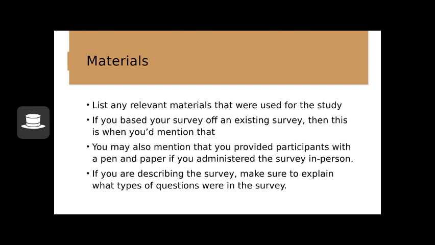So talk about that, right? How many questions are on the survey? Where did you get those questions from? If you are basing it off of an existing survey, that would be a good place to do a citation of that existing survey. But you want to describe what you actually used, whether it's pen and paper, an online survey, etc., to do your study.